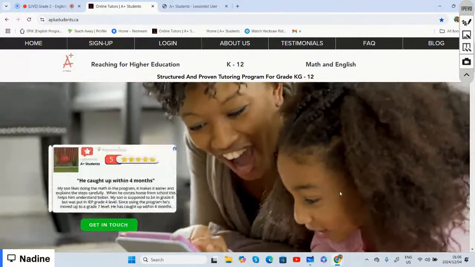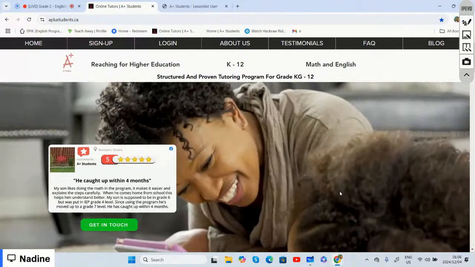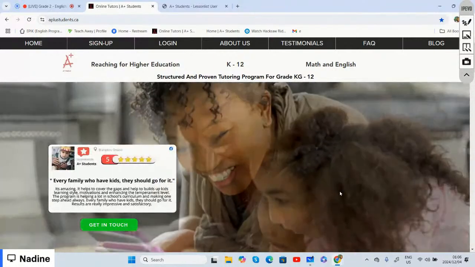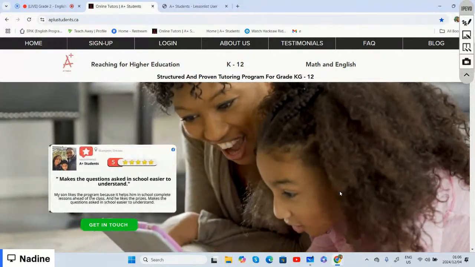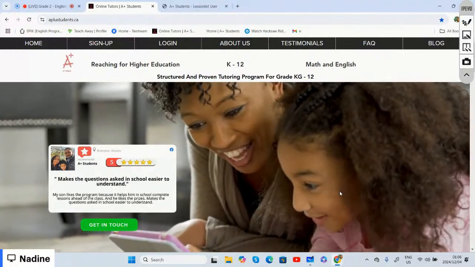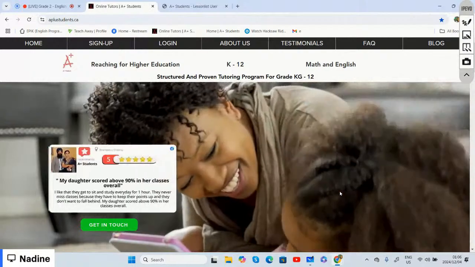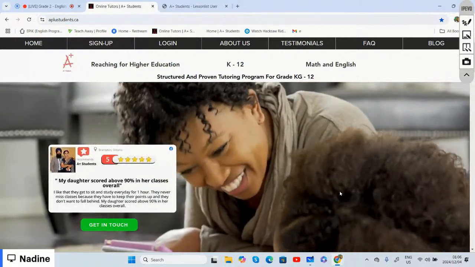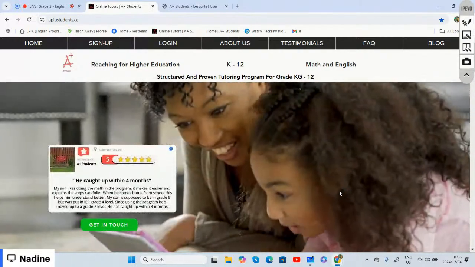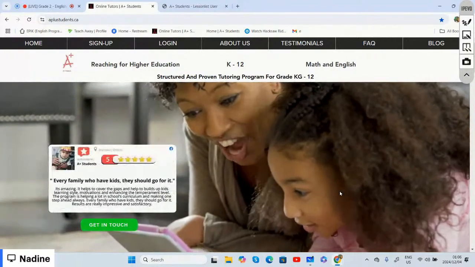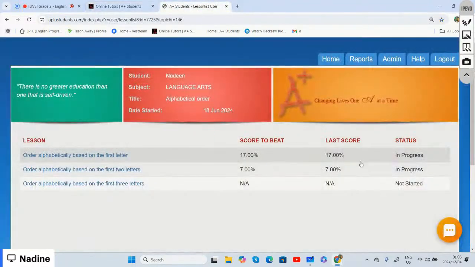We're doing grade 2. And then we're going to scroll down until we get to our chapter of alphabetical order.